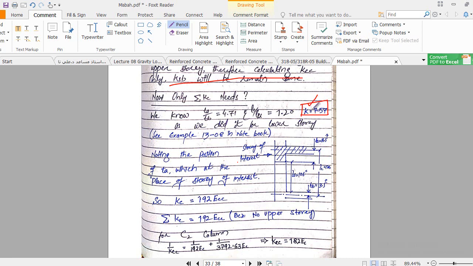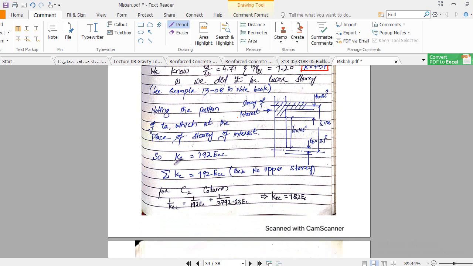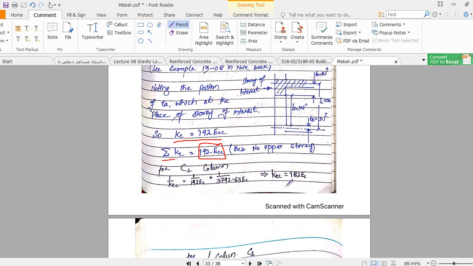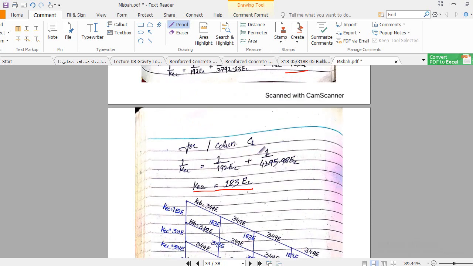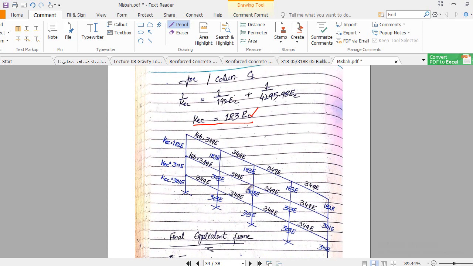Our value of K will be the same as we did for the lower column, so Kc will be the same. In the summation of Kc, the difference is this one. For the interior story, this value is changed. Now for C2, our value is 182, and for C1, our value is this one. Clear?